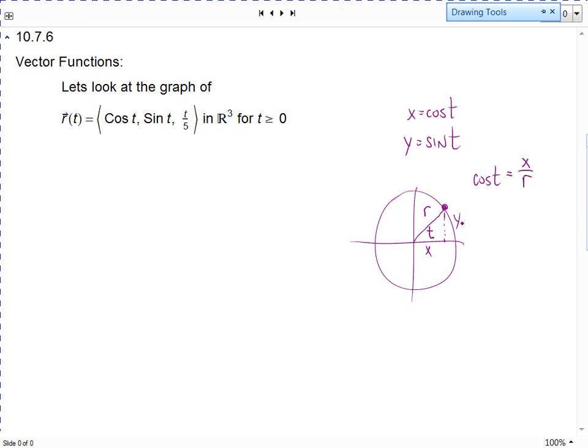But what's happening to the z component? T over 5. It's just getting bigger, right? So this vector valued function is going to try and draw circles, but its z value keeps getting bigger.